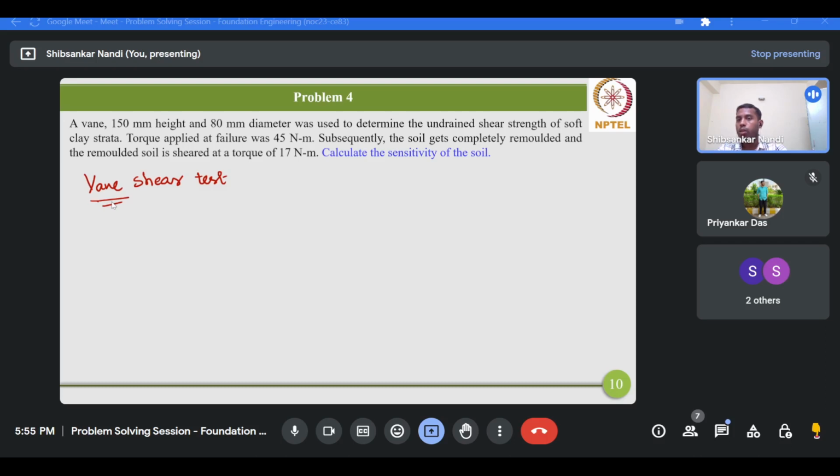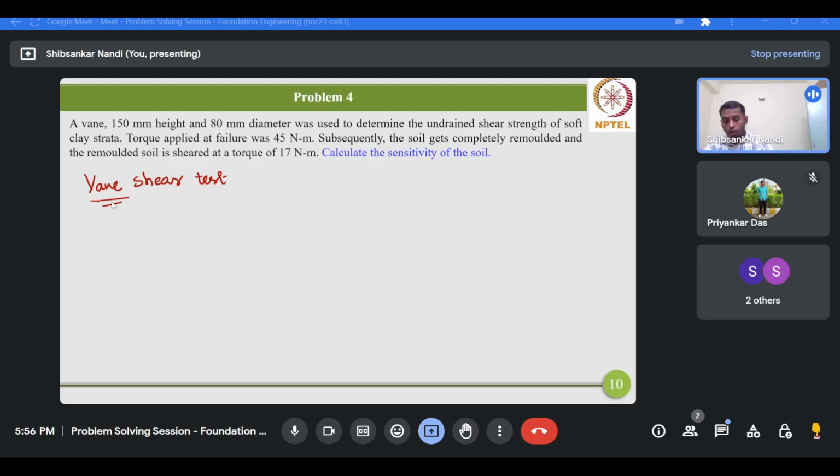The actual field condition you will never get. So that's why there is a need for an in situ test like vane shear test. There is no need for sampling, so the difficulties associated with sampling are removed with the help of this vane shear test. You are directly determining the shear strength parameters in the field condition.